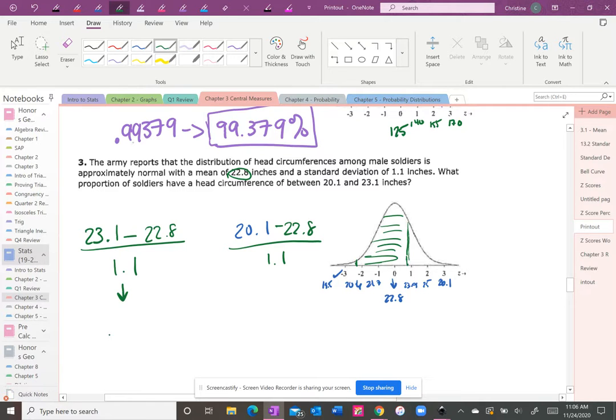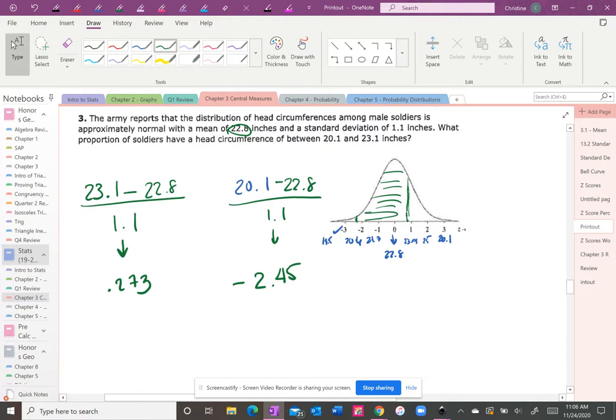So this winds up being 0.273, and then 20.1, 22.8, and this winds up being negative 2.45.